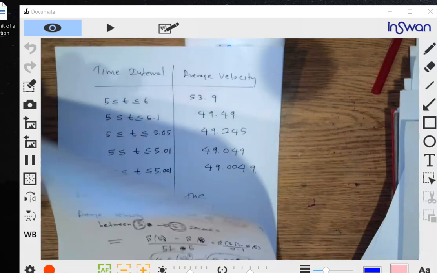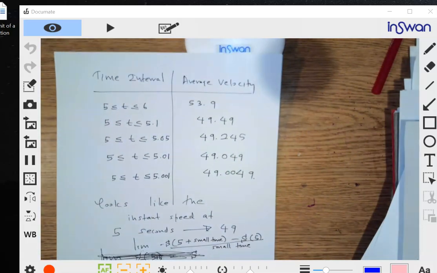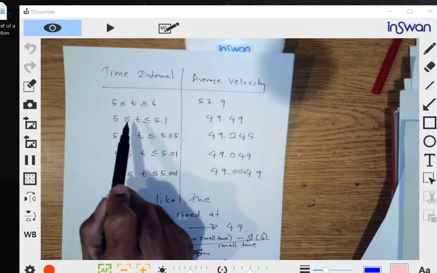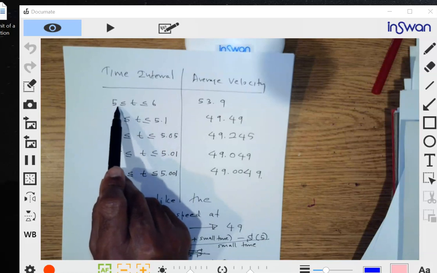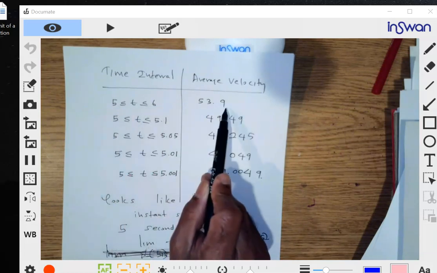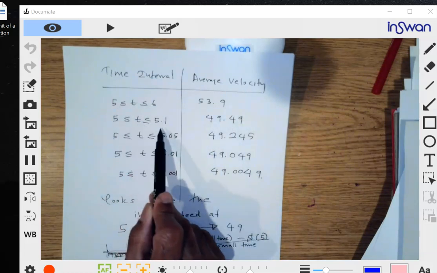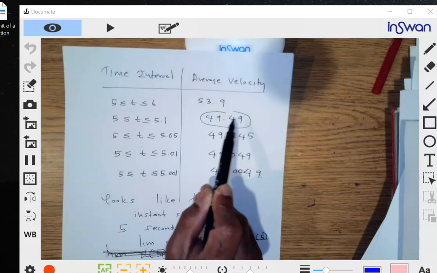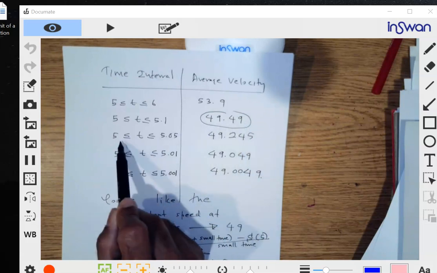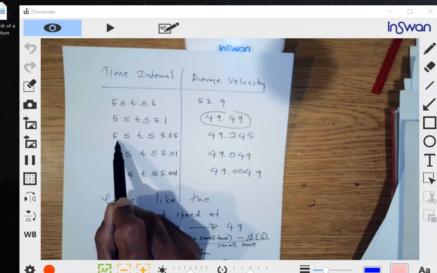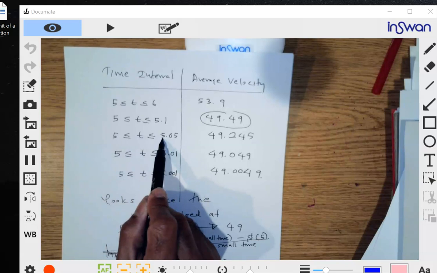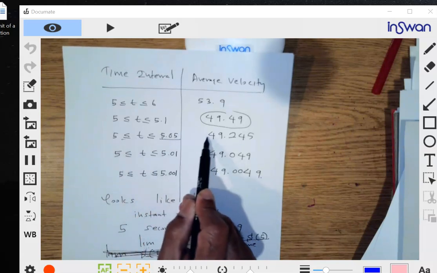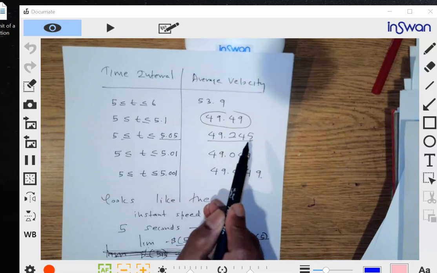So first of all, if you look at this chart, I have found the average velocity for different intervals. Between 5 and 6, it's 53.9. Between 5 and 5.1, we already got this 49.49. And if you use a similar technique, but make the gap even smaller, to 0.05, then it's 49.245.